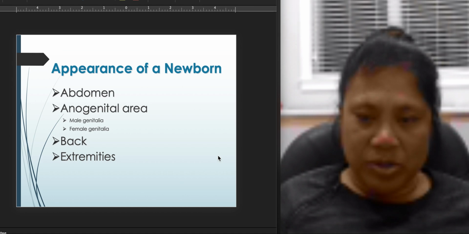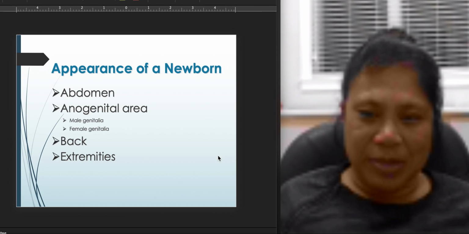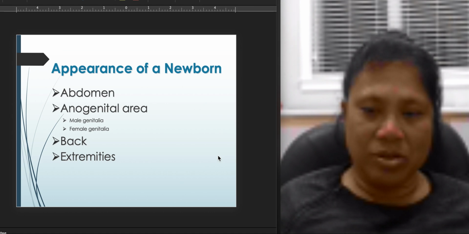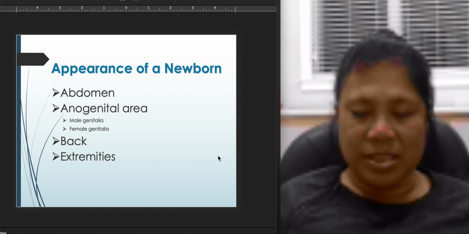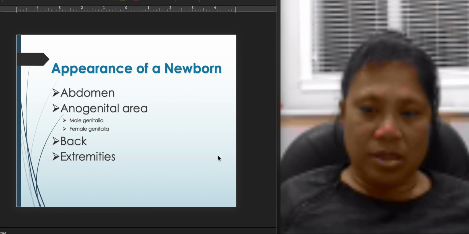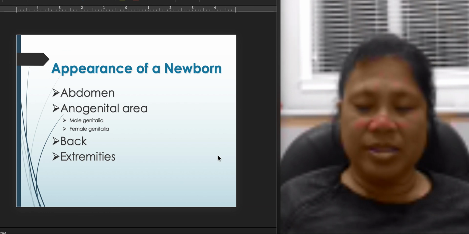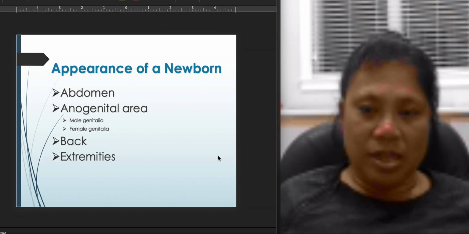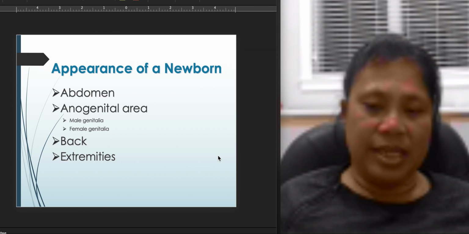Also, for the anal genital area, you want to make sure it's male or female. I've had 2 or 3 deliveries where physically they had both genitals, so they would have to do some genetic testing or other means to determine if it's male or female. So that's a very tricky issue. Again, it's case by case.